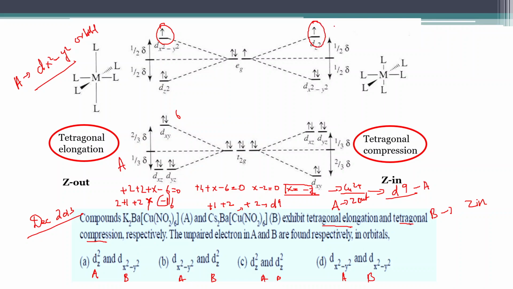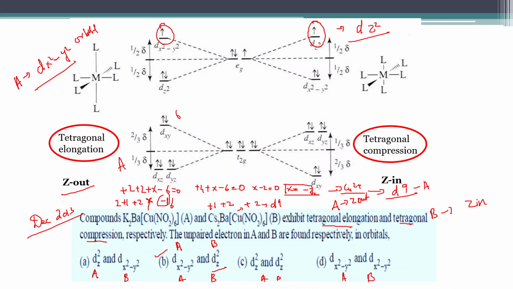The unpaired electron is in the dz square orbital, so we can say for A, the unpaired electron is in dx square minus y square because of z out, and for B it is z in, so the last unpaired electron will be in the dz square orbital. This is A and this is B, and this is the correct answer here.